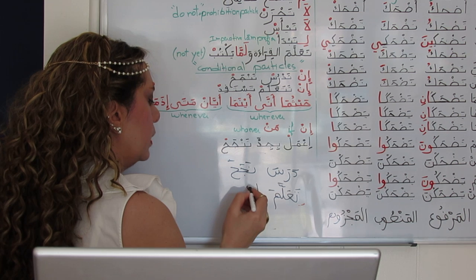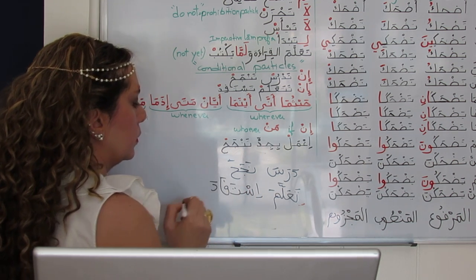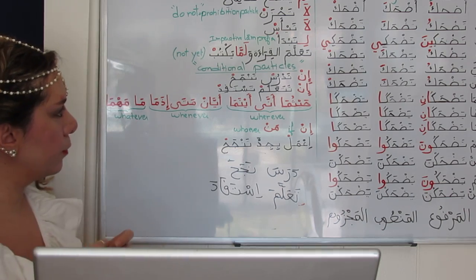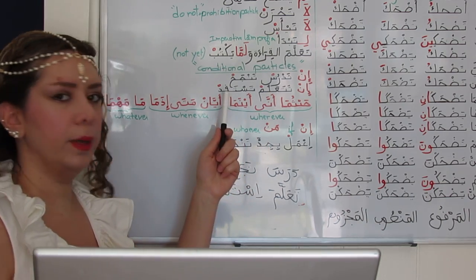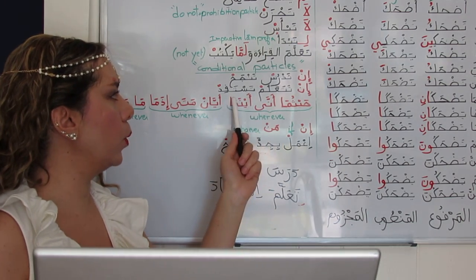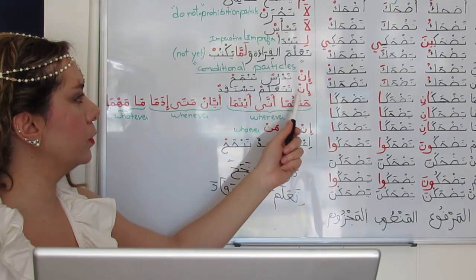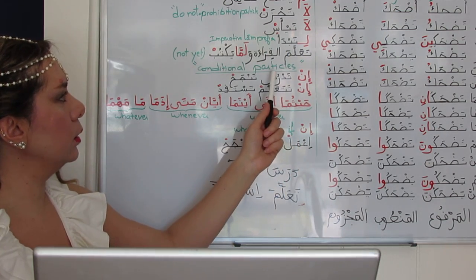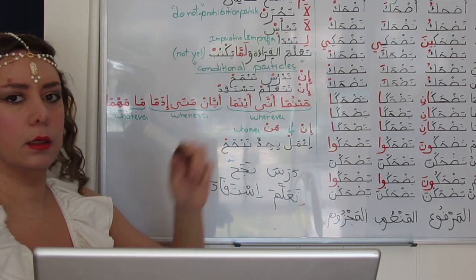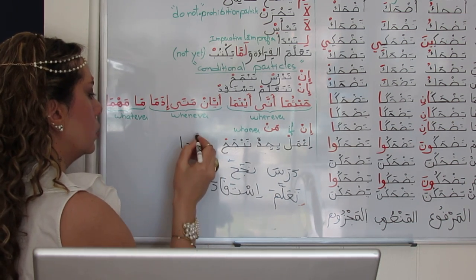The verb استفاد, to benefit. So if you learn, you benefit. إن تتعلم تستفيد. Both of the verbs are in the jussive mood because of this conditional particle. In. Conditional particle أداة شرط.